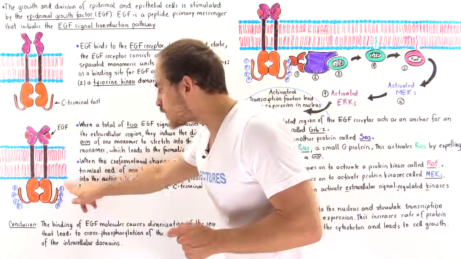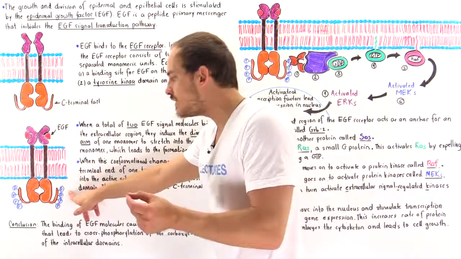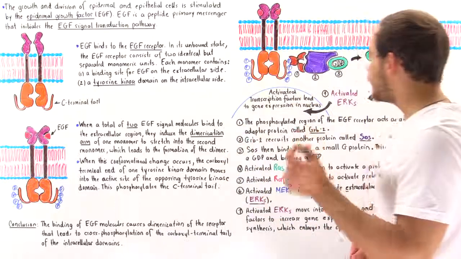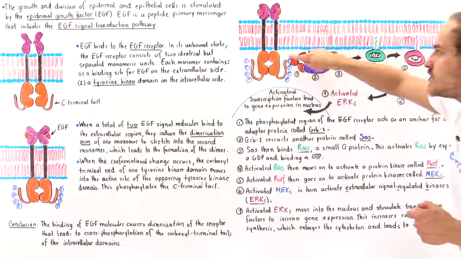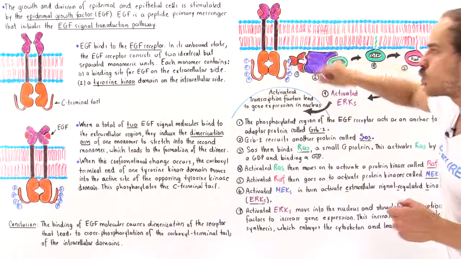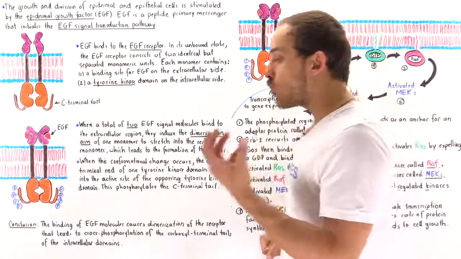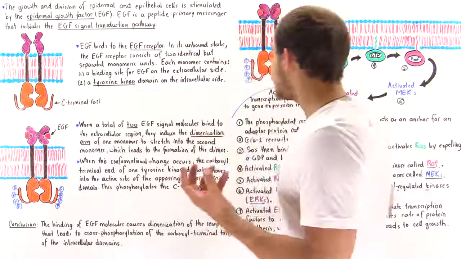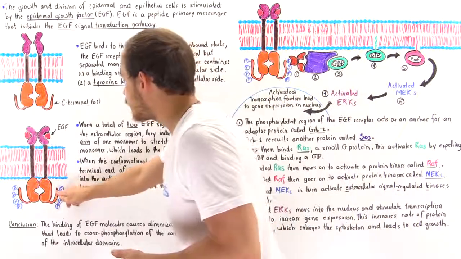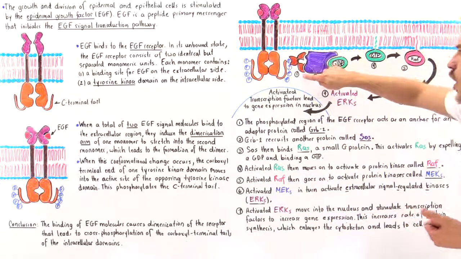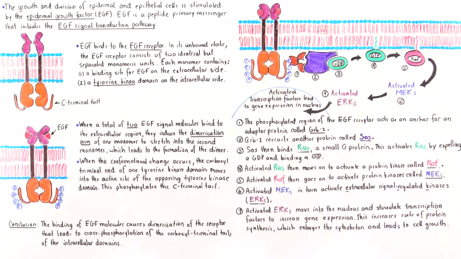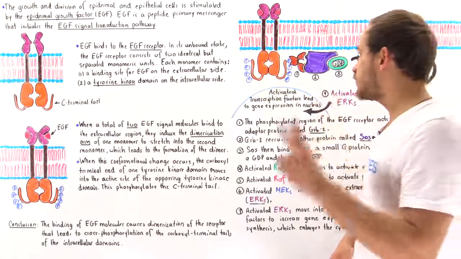So once we phosphorylate this section, an important protein known as GRB2 binds onto a phosphorylated tyrosine residue found on this section here. So this serves as an attachment point for GRB2, where, by the way, GRB stands for growth factor receptor bound protein 2.